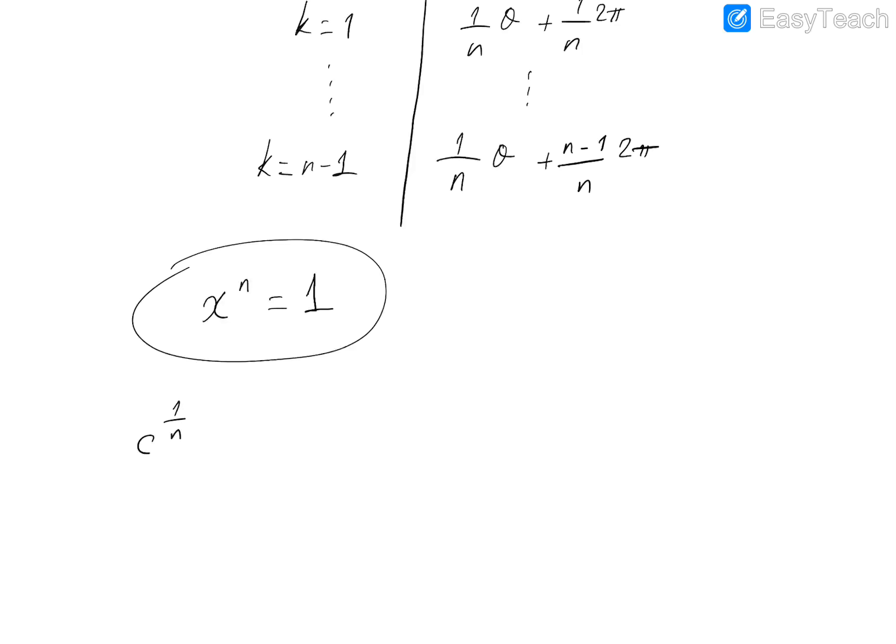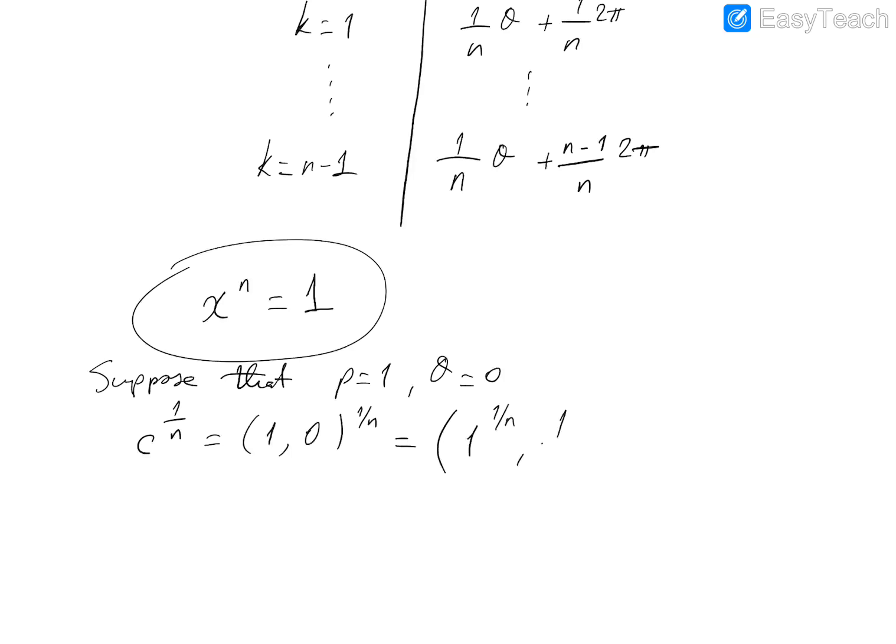And if we fix the magnitude as 1, in the polar form this is 1, and suppose that the phase is 0, so rho is equal to 1 and phase is equal to 0, then we have c to the power 1 over n, (1, 0), and this is equal to 1 to the power 1 over n in the magnitude, and in the phase we have 1 over n times (0 plus 2k pi), which is equal to 2k pi over n.